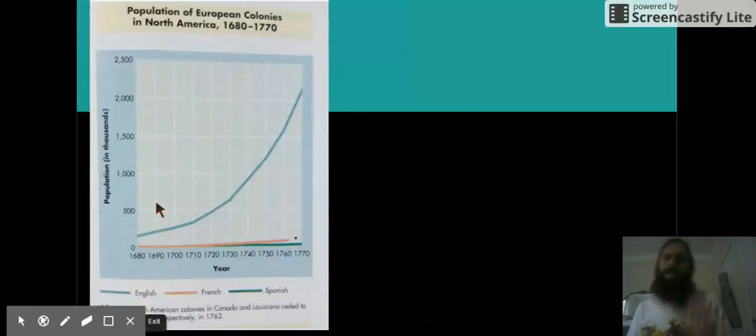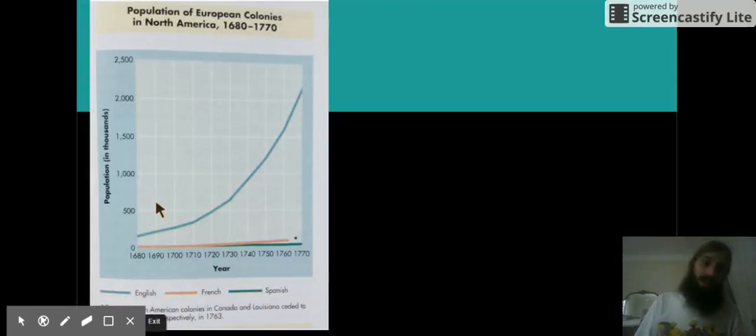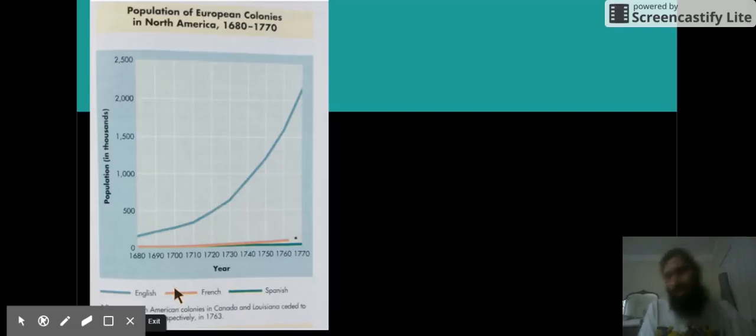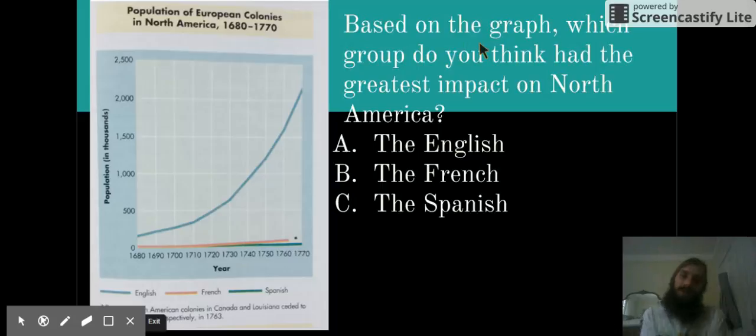Now we're going to practice getting some information from different documents. Here's a graph, population of European colonies in North America. And we see our different colors are going to show us which groups we're talking about. And let's see what information we actually have to pull from this graph. Our question is, based on the graph, which group do you think had the greatest impact on North America?